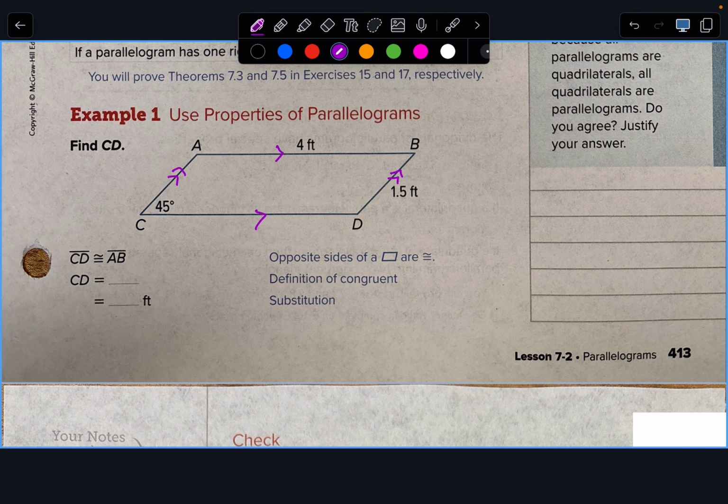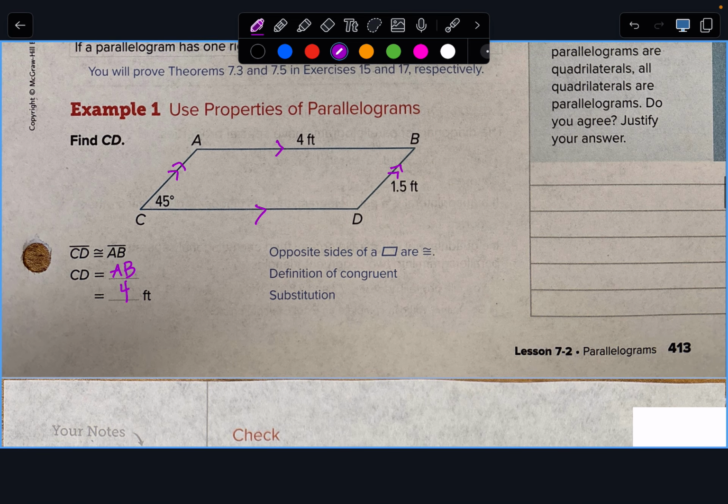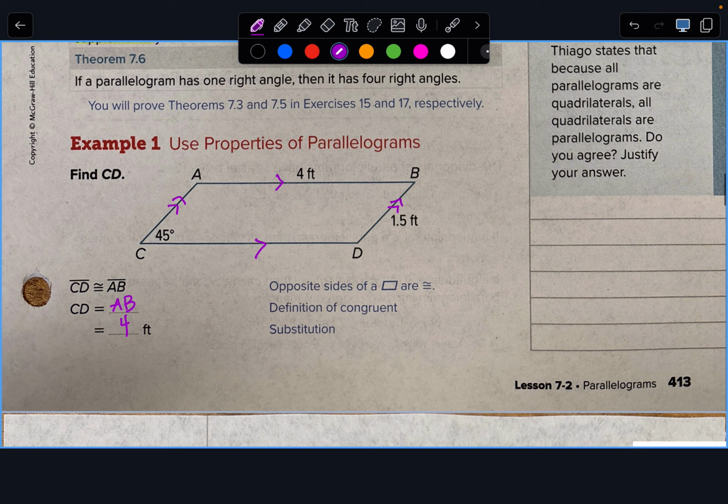So what is the measure of CD? CD is the same as AB, which is 4 feet. What would be the measure of angle A?